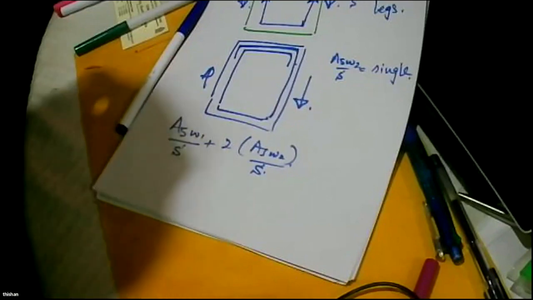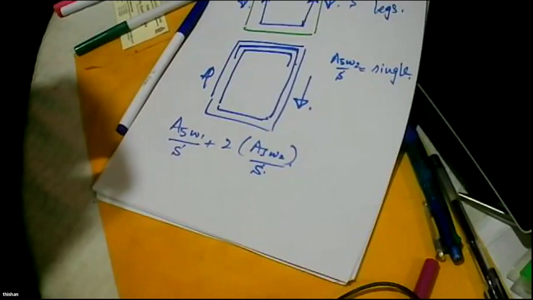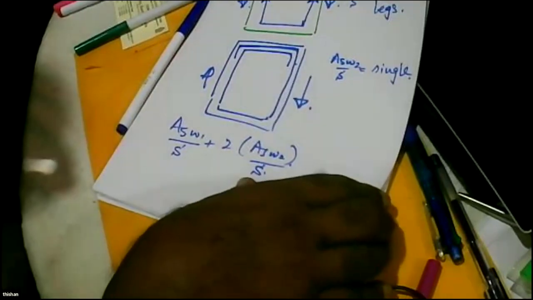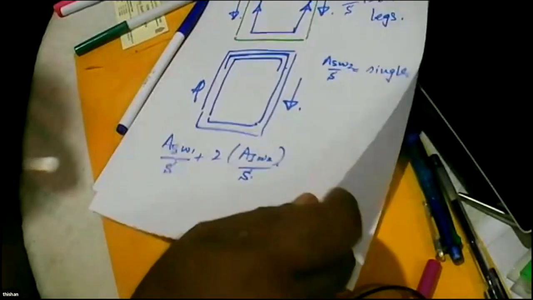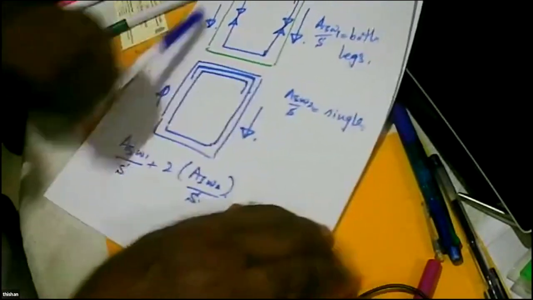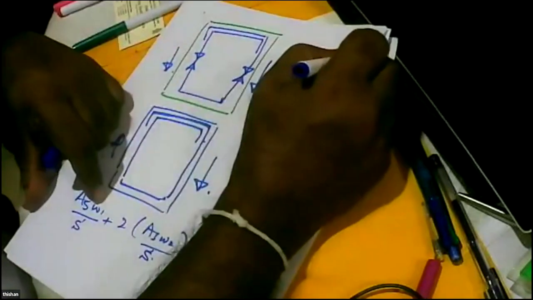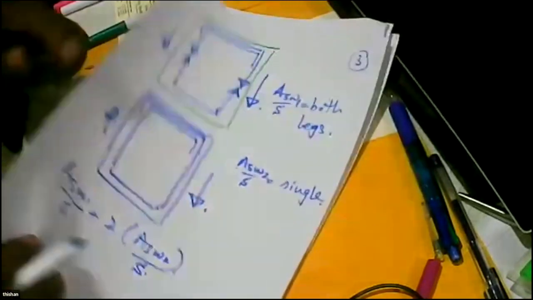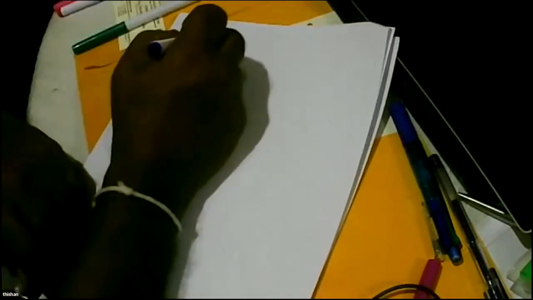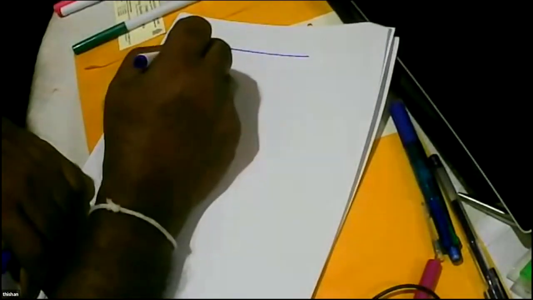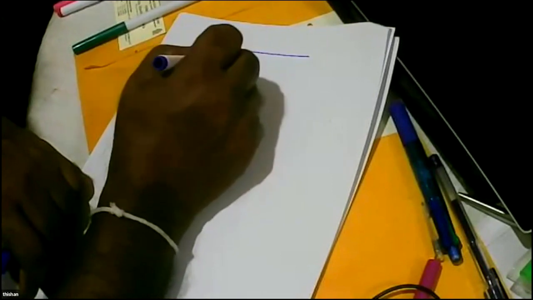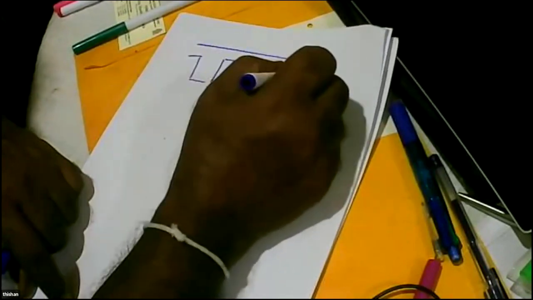Okay. Now then there's another important thing that you have to consider, right? I'll first explain it, then we'll look at the code. Now this is also related to shear. Now let's say we have a slab connected to the beam.